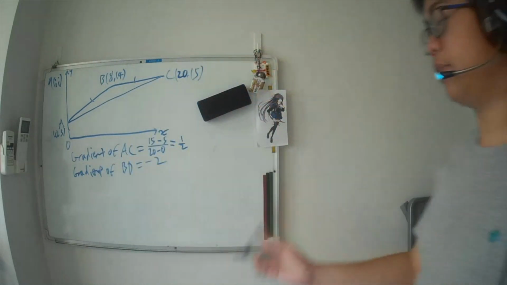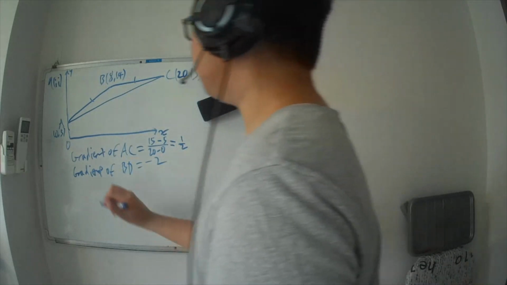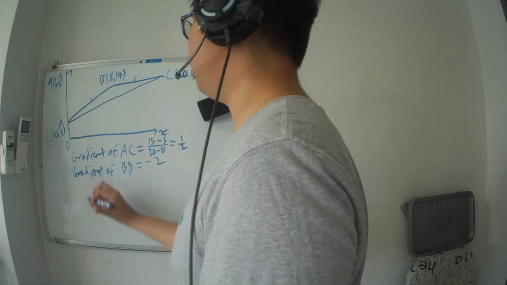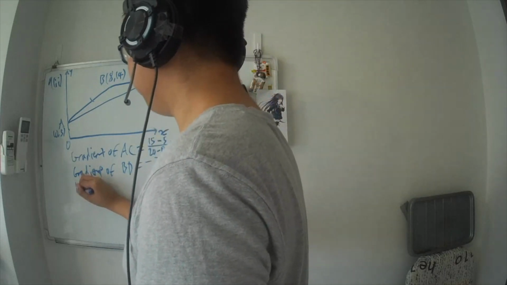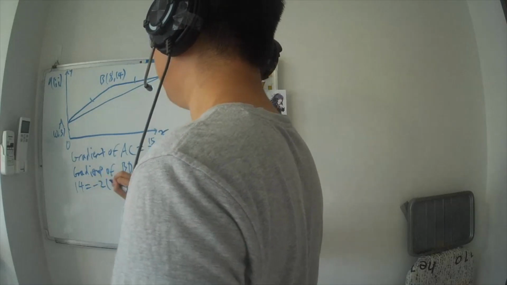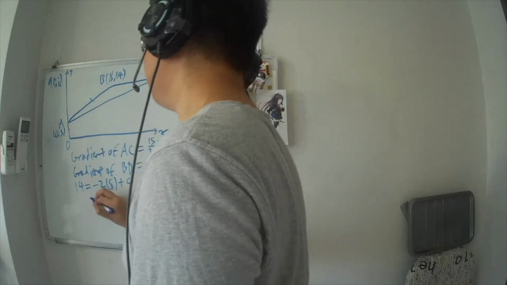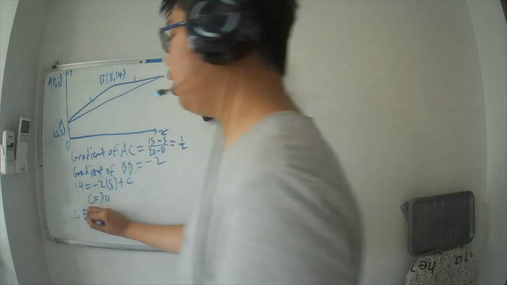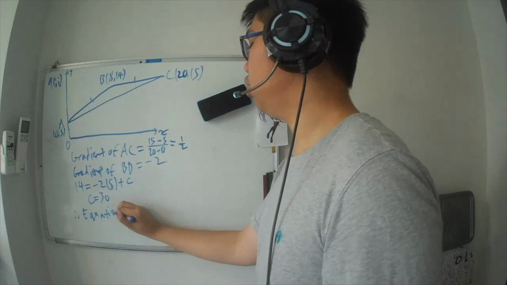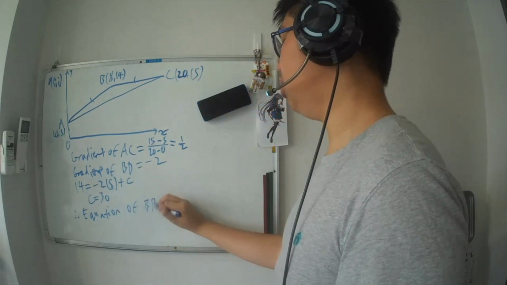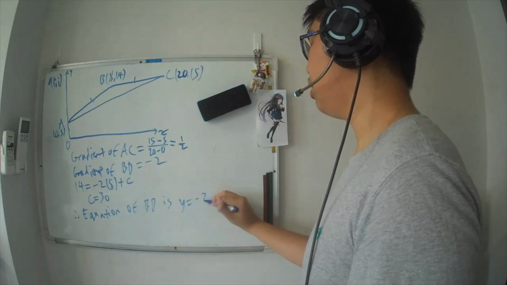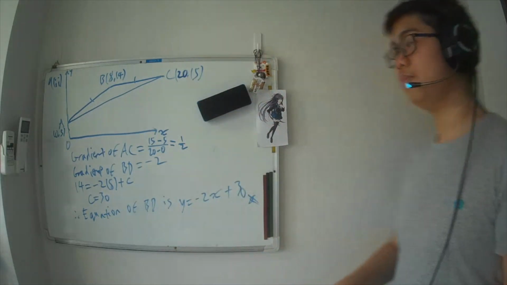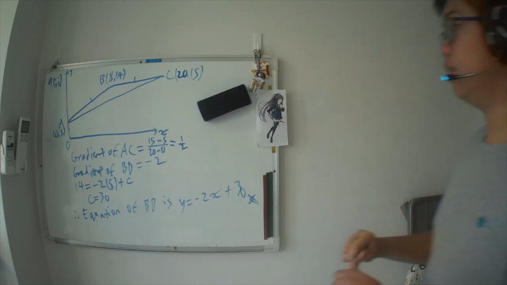Because of the negative reciprocal. Then we'll substitute our point. We have 14 is equal to -2 times 8 plus c, which means that c is equal to 30. So therefore, the equation of BD is y equals -2x plus 30, right?